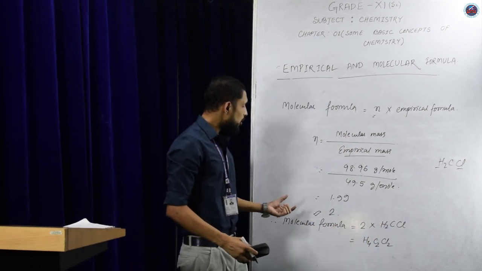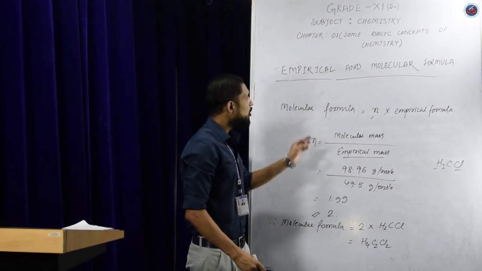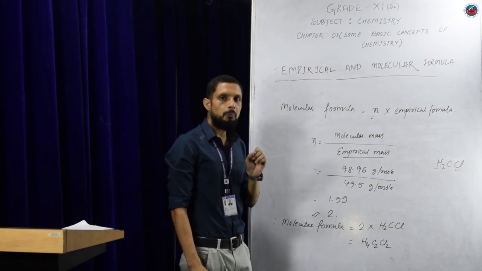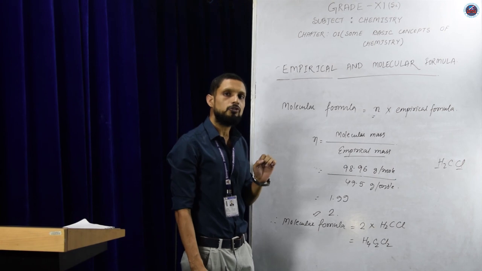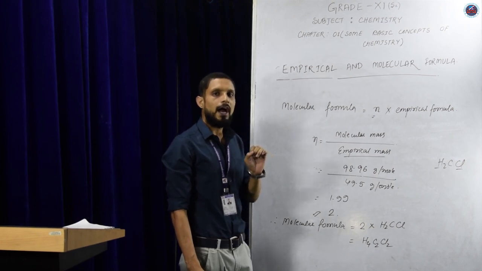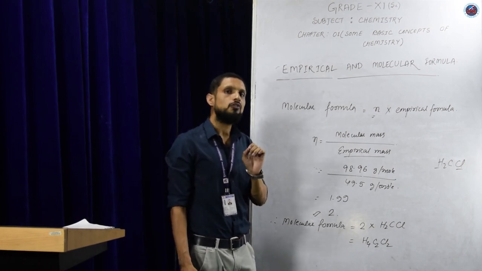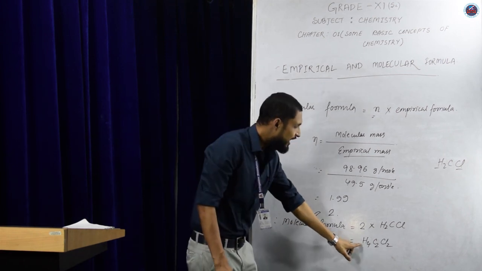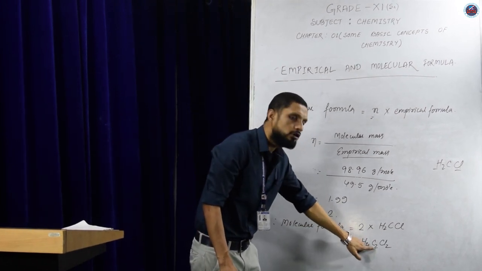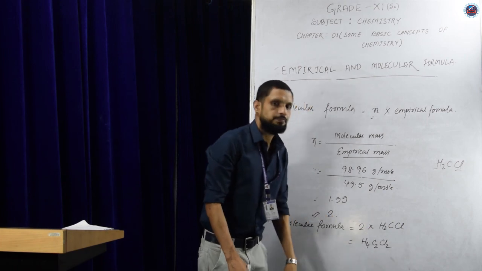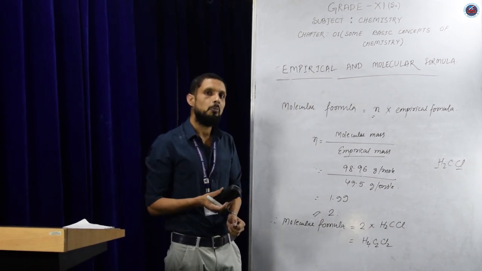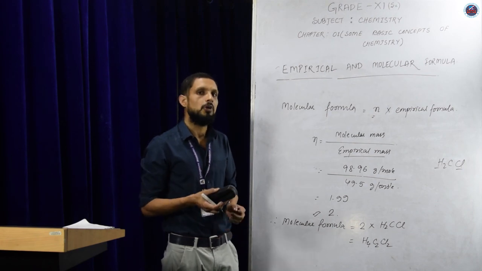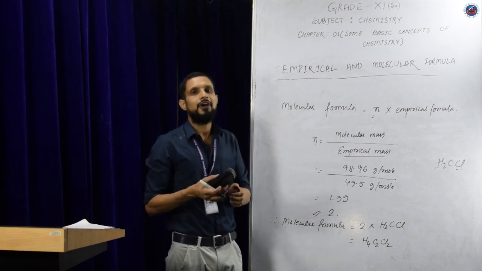So the molecular formula of the compound having 4.07% hydrogen, 24.27% carbon, and 71.65% chlorine is H4C2Cl2. So this is how we calculate the empirical formula and molecular formula in a compound where you have the mass percentage.